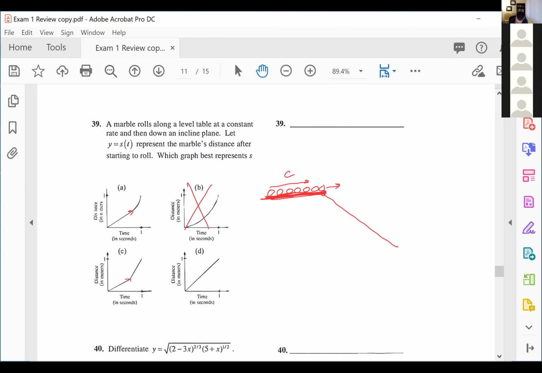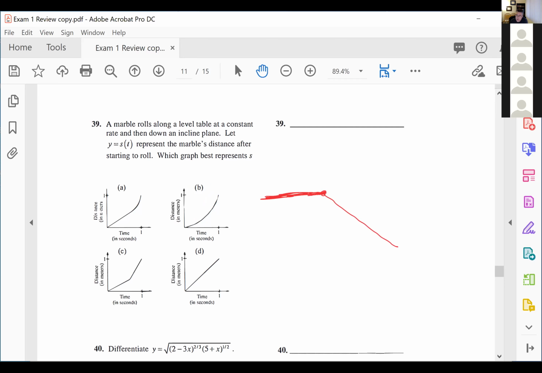Okay, and then what's going to happen as it goes down, well, that marble is going to start traveling faster and faster and faster. It's going to go because of the force of gravity. It's going to travel faster and faster until it hits the bottom.